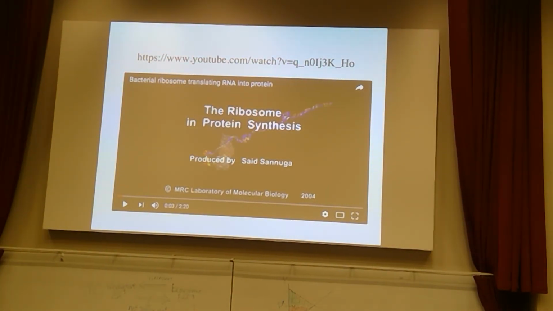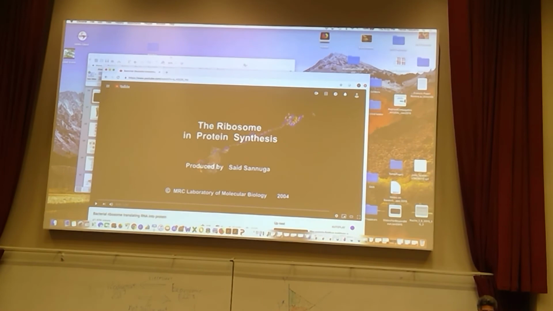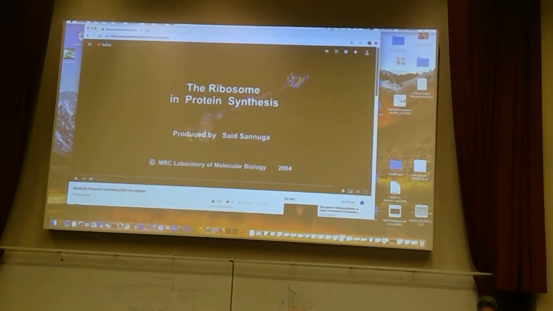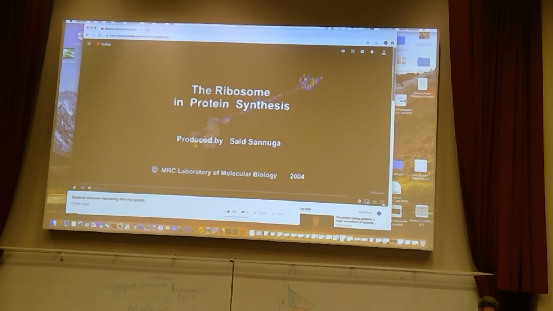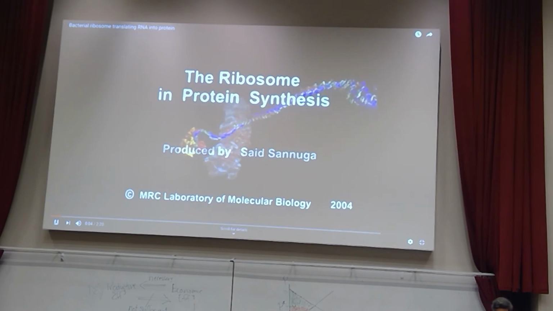So let's take a complete look at this process. I think this is one of these cases where an animation is going to be really helpful. This is a nice one that was made shortly after the structures for the ribosome were elucidated, and I'm very sorry that we have no music to go along with this.